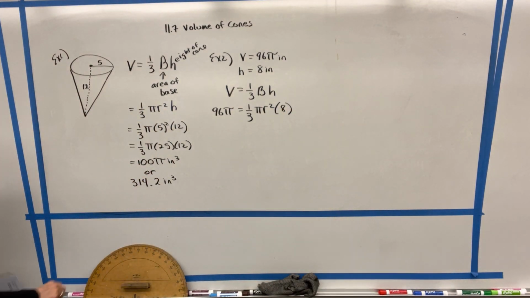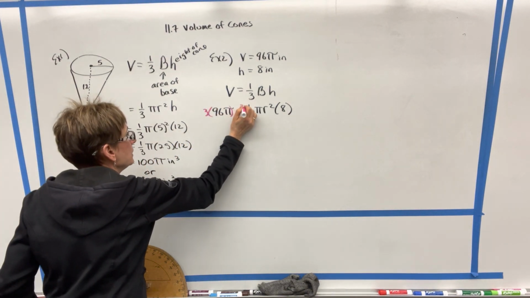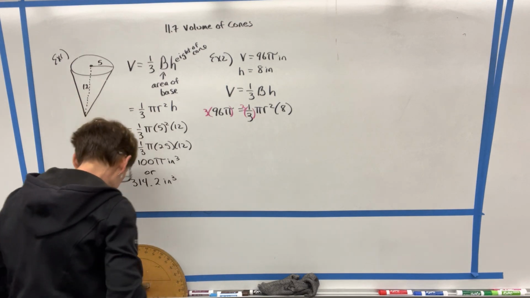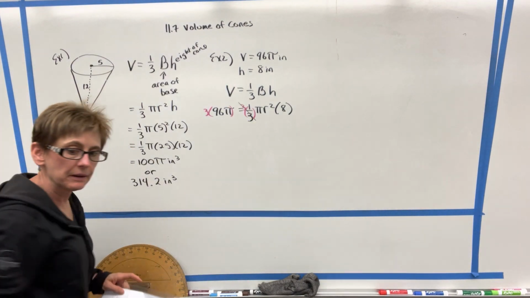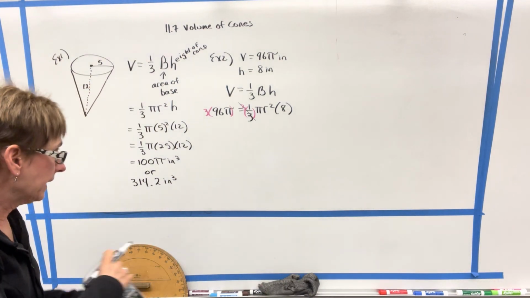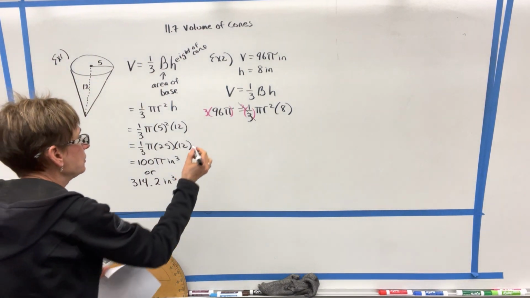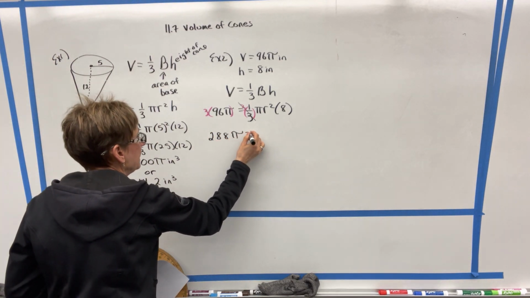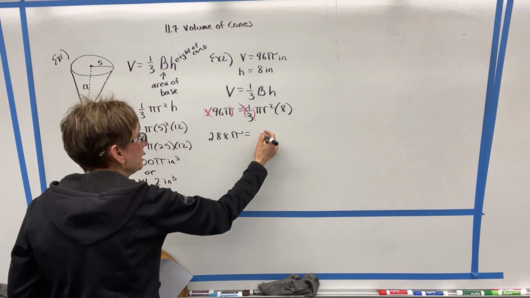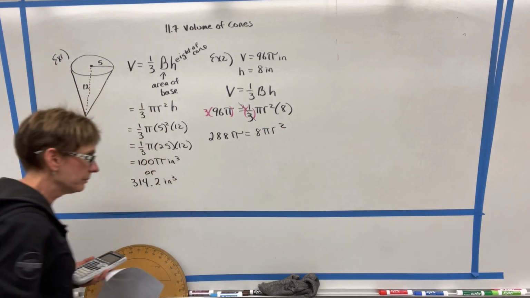In this particular example, I would probably multiply both sides by 3 so that I don't have to deal with fractions anymore. When I do that, these 3's will cancel out, and I can take 96 times 3 and get 288. So I have 288 pi, and here I have 8 pi times r squared.